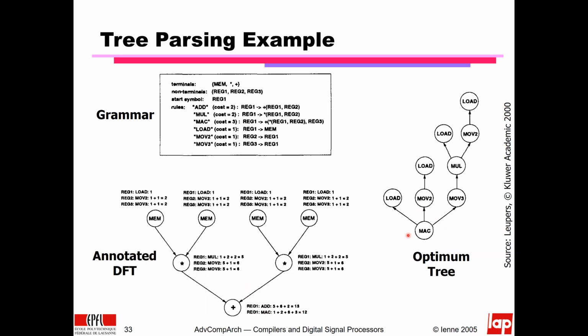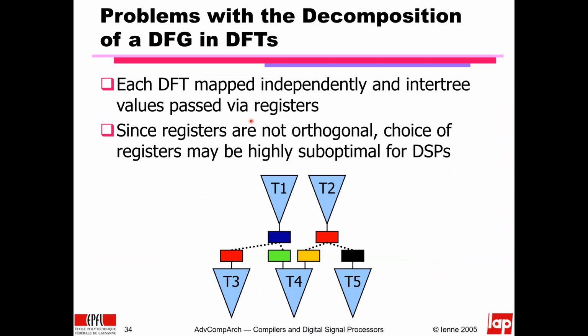For instance, the fact that you have used here Mac and you finished in Mac means that your result is in register 1, no choice. So what is the problem? The problem is that now you take your independent subtrees for which you managed to apply this with still O(n) complexity, so something that is still manageable probably despite the exponential number of rules.